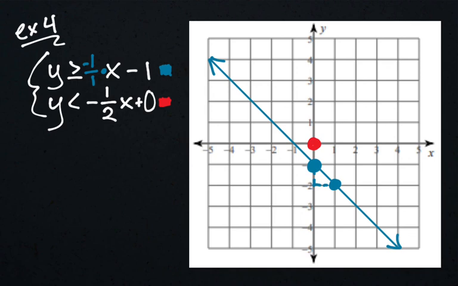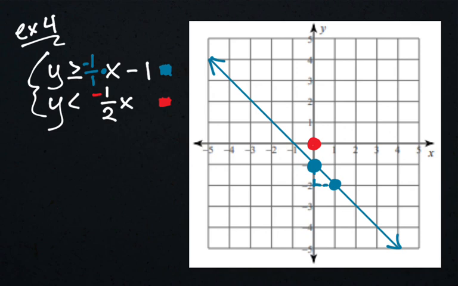And now let's do the other inequality. Notice how it said negative 1/2 x. There is no y-intercept there. So we put a dot at 0 because really it would have said plus 0 after that x right there. Then the slope is negative 1/2. That negative sign can go either with the 1 or the 2. It doesn't matter.